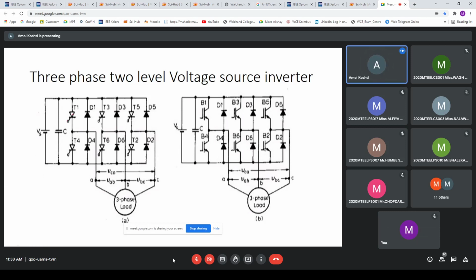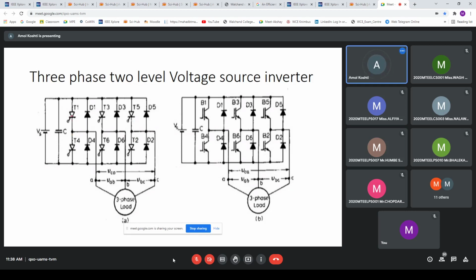So T1 and T4 together are called one leg. T1 T4 is called one leg. Similarly, T3 and T6 is another leg, the second leg, and T5 T2 is the third leg.